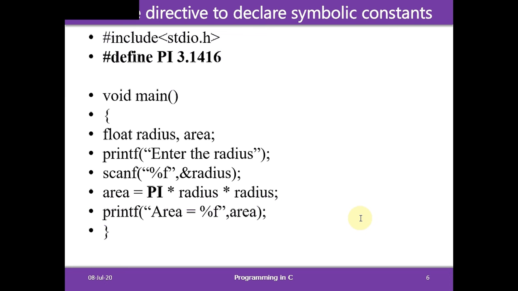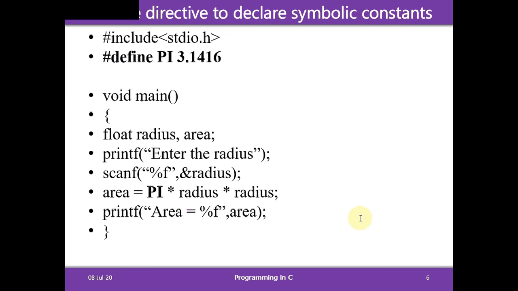Void main: float radius, area. The radius and area are two different variables of the float data type. Float specifies the data type representing decimal numbers. One variable name is radius and another variable name is area.